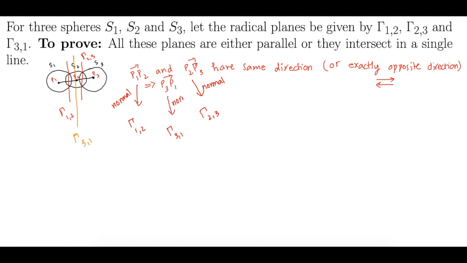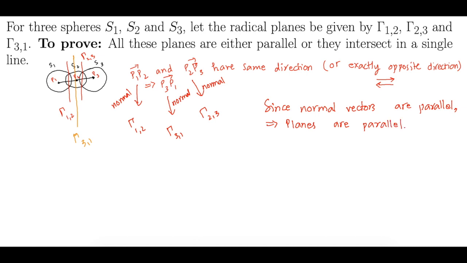Okay, so since the normal vectors are parallel or in the same direction, this means the planes are parallel. Okay, so this is the first part.